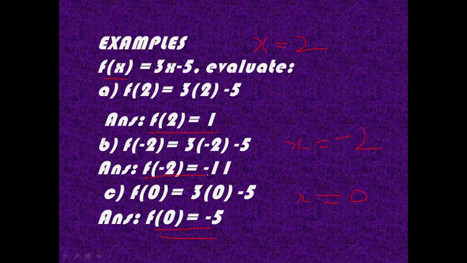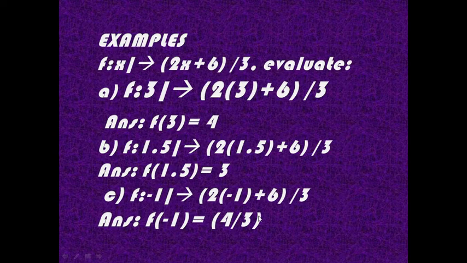So that's your final answer. That's how you find all the answers. I think the question is very simple, and if it sounds difficult to you, if you practice questions, it will sound very easy afterwards. The next example was f: x → 2x plus 6 divided by 3. So 2x plus 6 divided by 3 is the function.